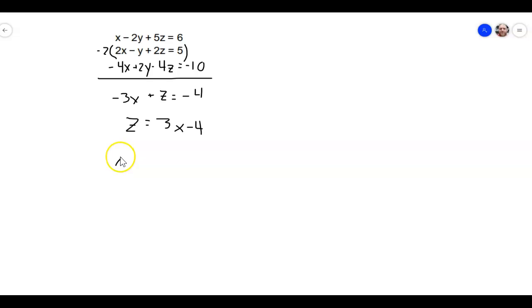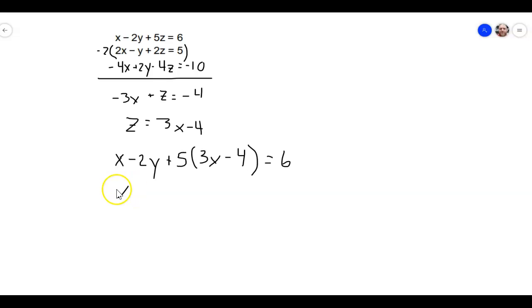So I'm going to take that first equation here: x minus 2y plus 5, and remember, instead of z, z is equal to 3x minus 4. Don't forget to put it in parentheses so we remember to distribute, and that's equal to 6.